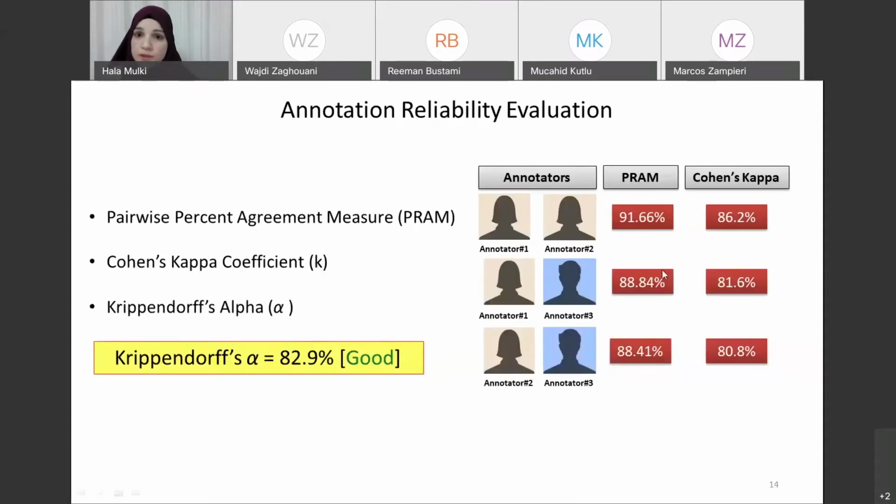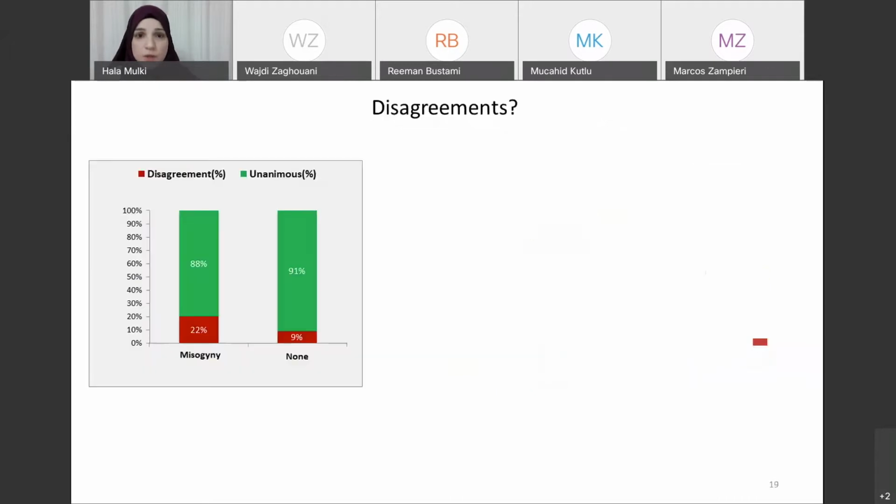Okay, so our annotators, despite having high agreement values, disagree on some tweets, of course. So we aim to further investigate where the annotators disagree.